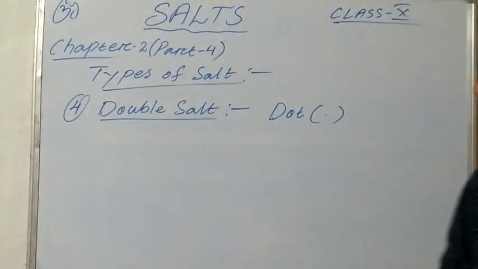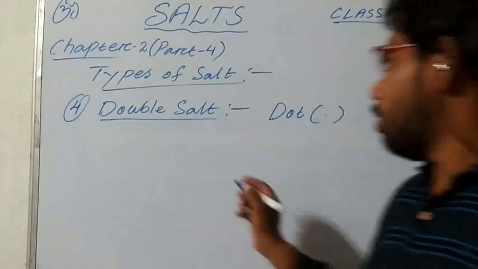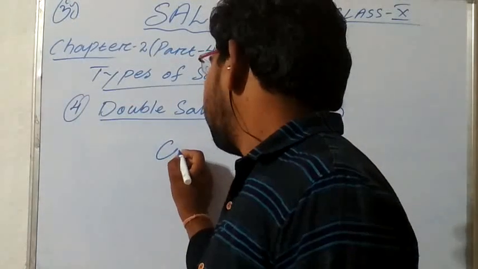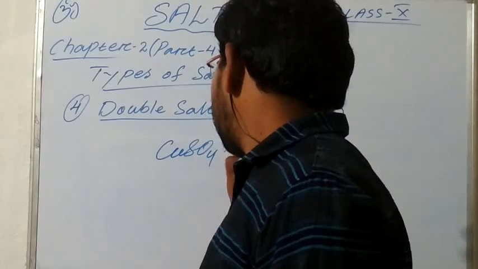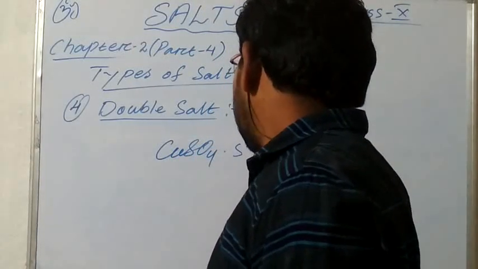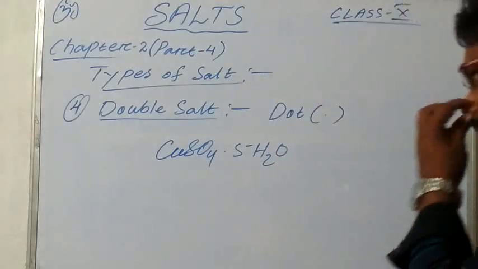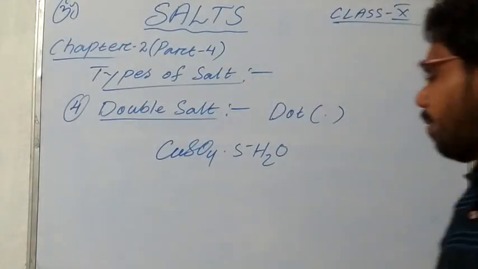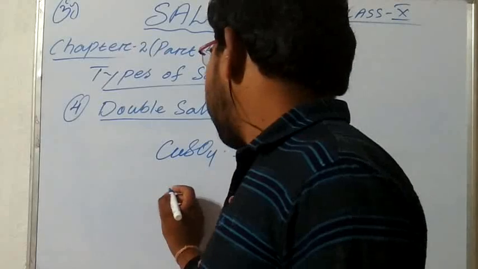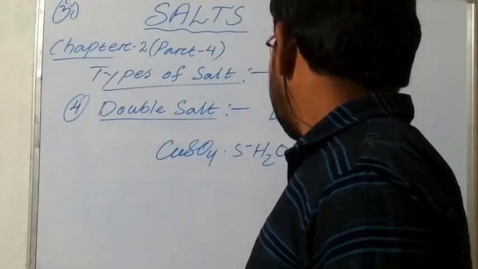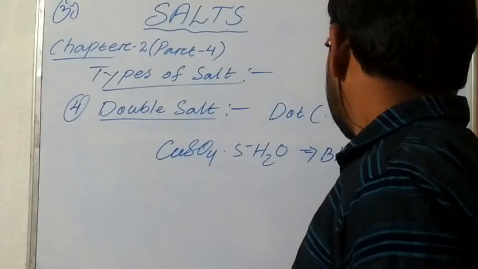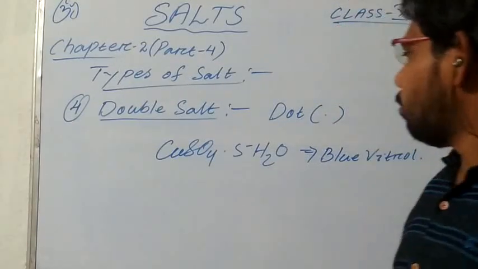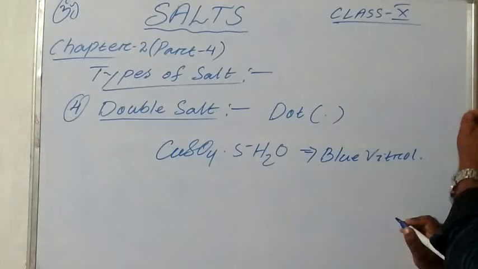Examples of double salt are CuSO4.5H2O, copper sulfate pentahydrate, also known as blue vitriol. It is one example of a double salt.